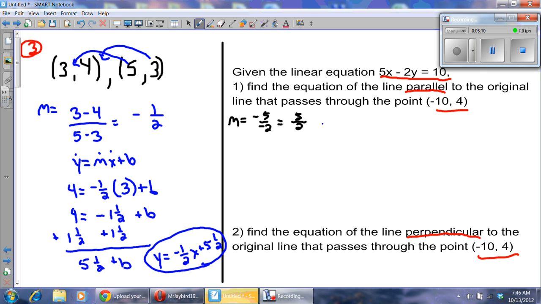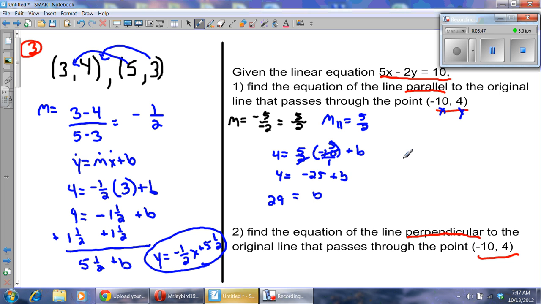All right, so the parallel line will have the same slope, right? So that would be 5 over 2. I have an x-coordinate and a y-coordinate. I'm going to do the same thing I did in the last problem. I'm going to say 4 equals 5 over 2 times negative 10 plus b. 4 is going to equal, I'm going to simplify this way, negative 25 plus b, adding 25 to both sides, b will equal 29.